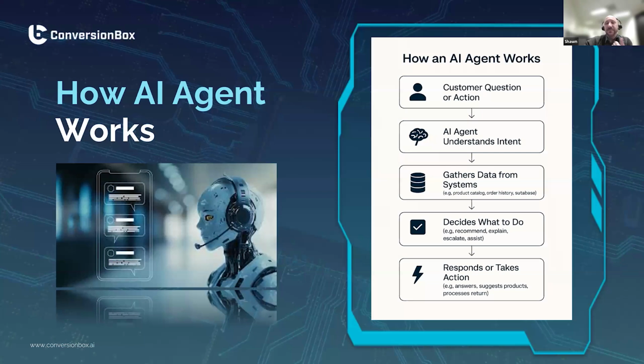Will it recommend another product? Will it explain something? Will it answer a question or a query? Will it escalate to someone else, or can it step in and assist? It can also respond and take action.